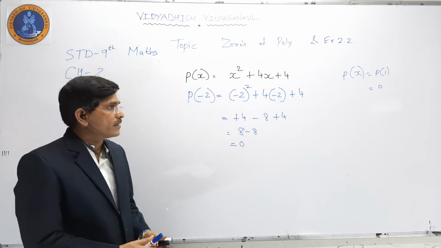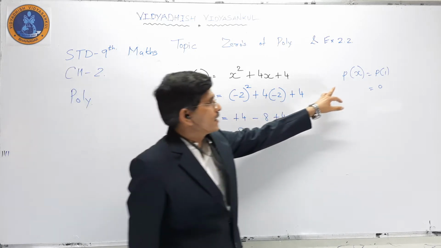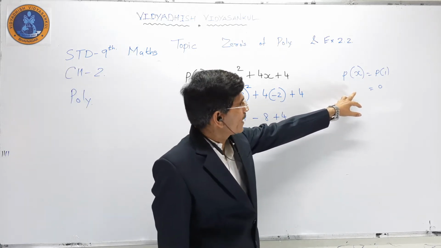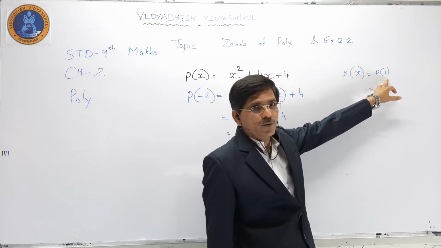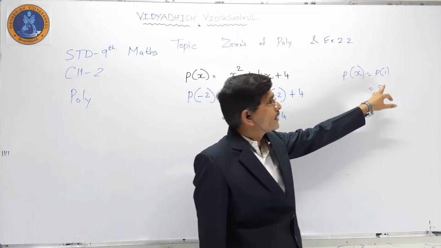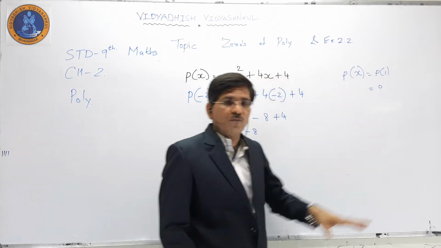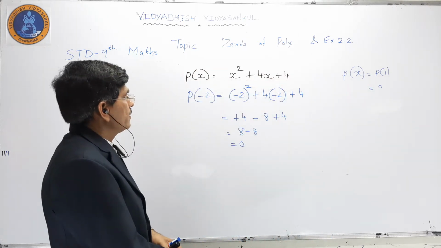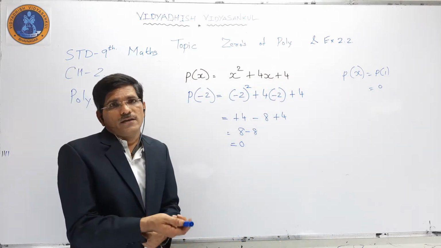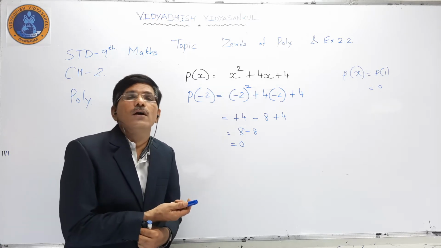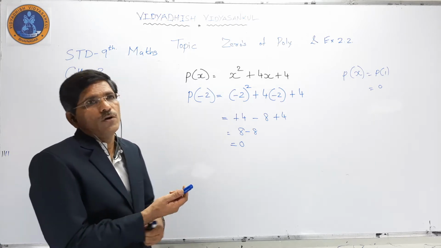It means that if instead of p of x I put p of minus 2, I get the answer 0, then it is called a zero of the polynomial. So here minus 2 is called a zero of the polynomial.